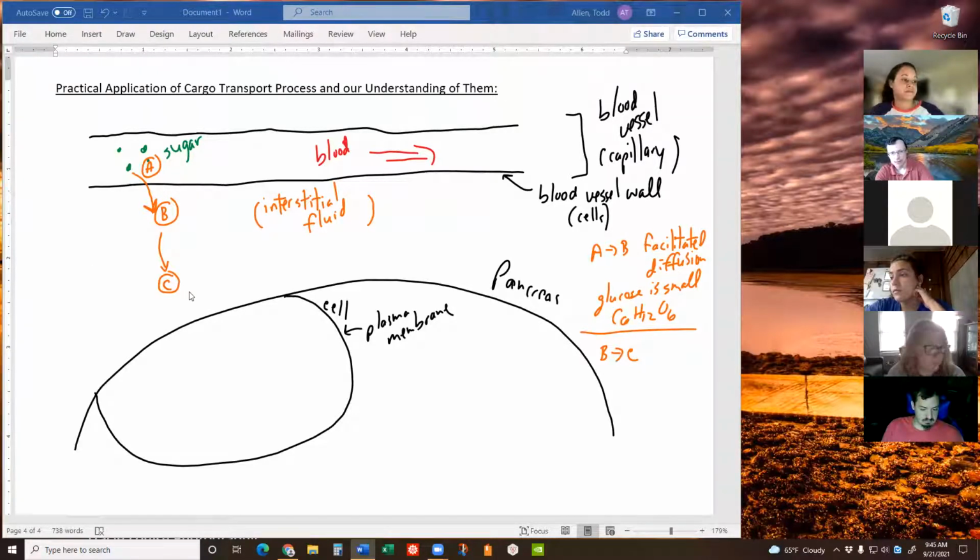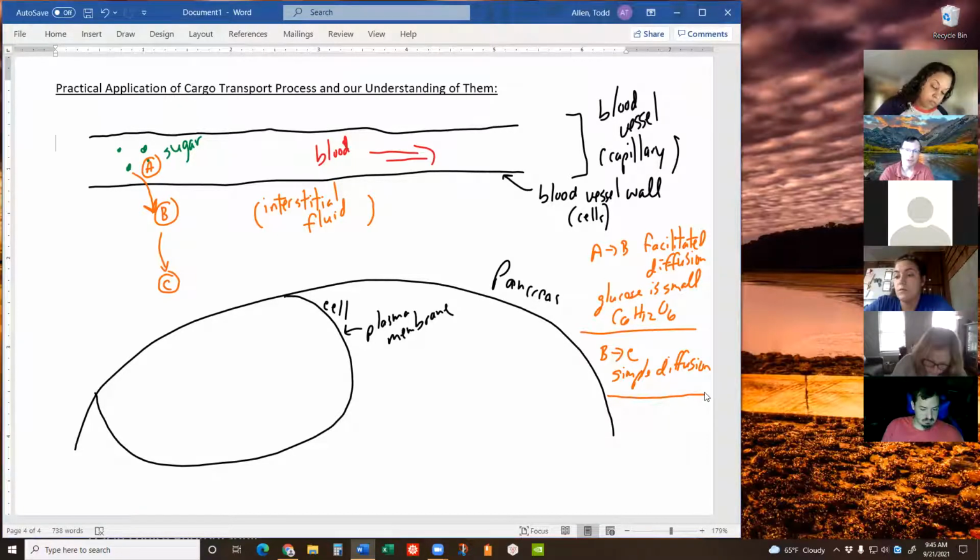The answer is simple diffusion, because from B to C, all we're doing is moving from one location of the river to another location of the river. There's no membrane involved here. So from B to C, it's simple diffusion.